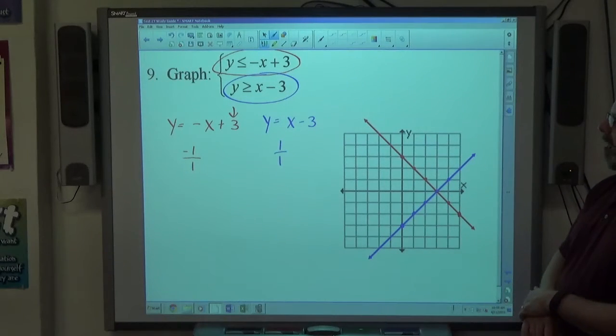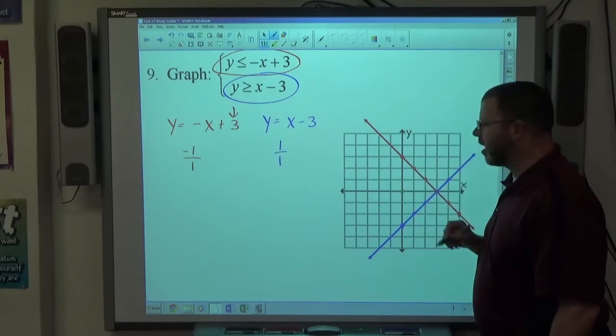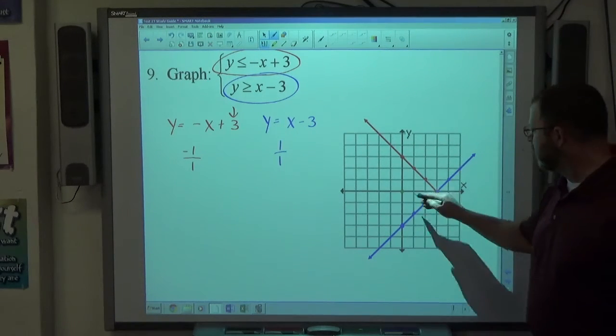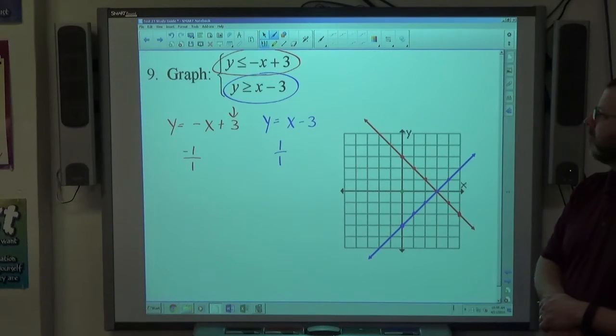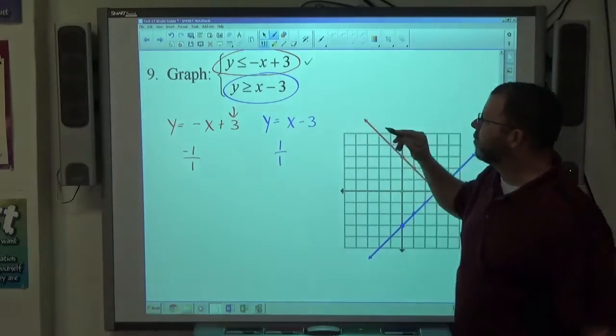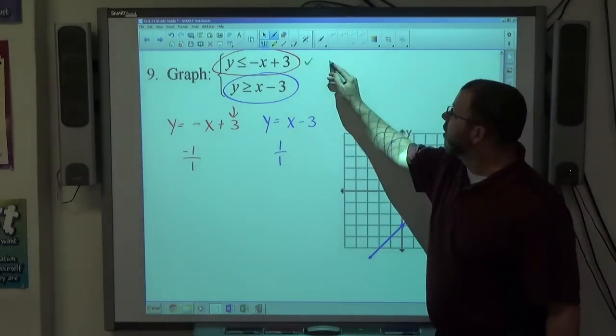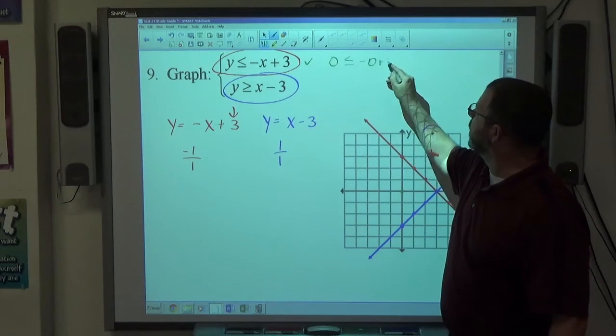Once we got both graphs done, I want to pick a test point, 0, 0 if available. If not, pick something with small numbers. 0 is nice because it's easy to add and subtract and multiply 0. So, if I go to my red inequality and I substitute x and y with 0, it's going to become 0 is less than or equal to negative 0 plus 3.